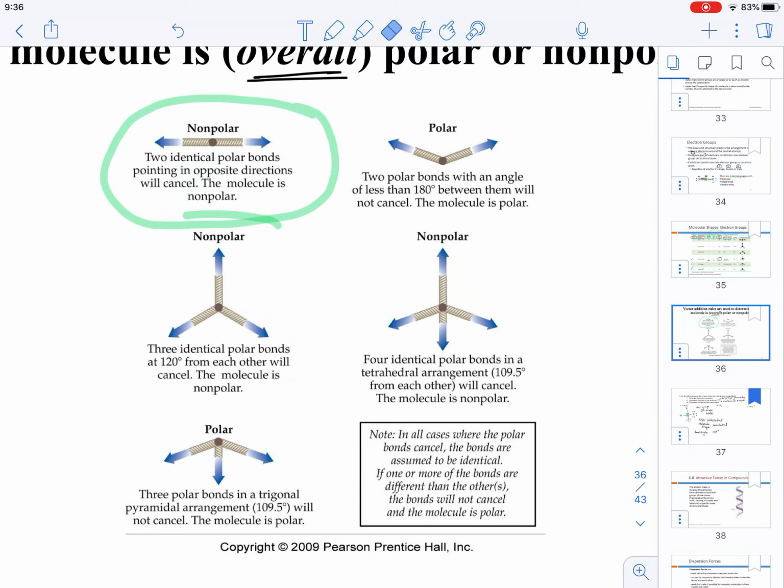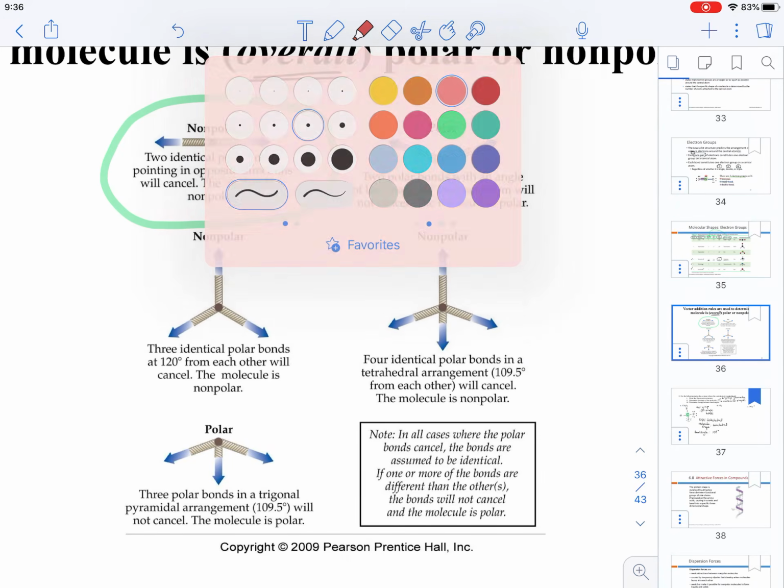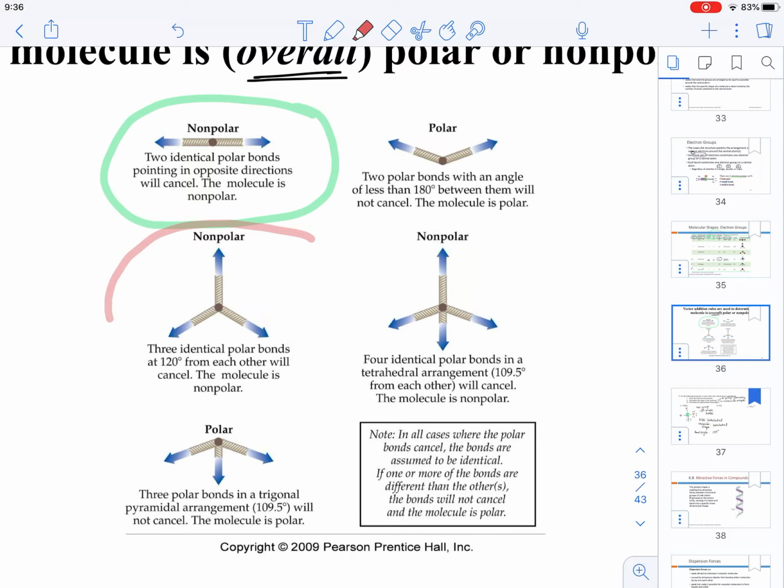Let me just do them in different colors. I want you to focus on these.